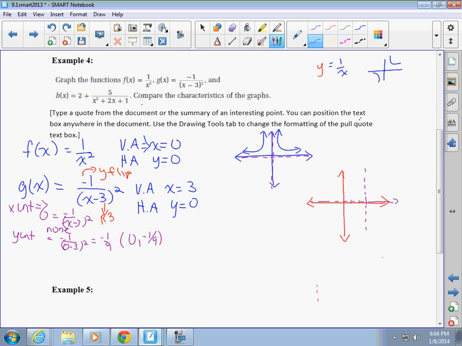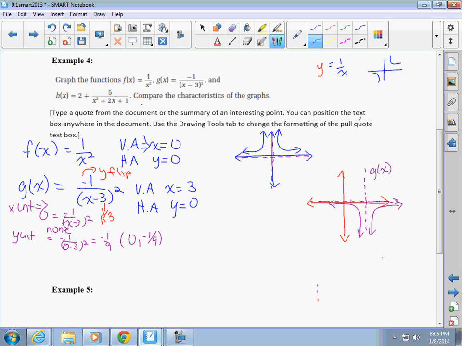So at 0 and negative 1/9, which is pretty much at 0, I'm going to have a y-intercept. So my graph is going to go like this and like this. So this is for g(x).